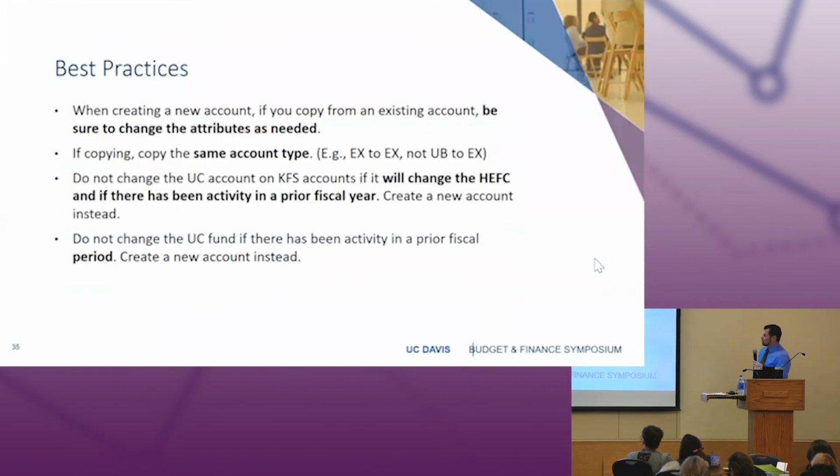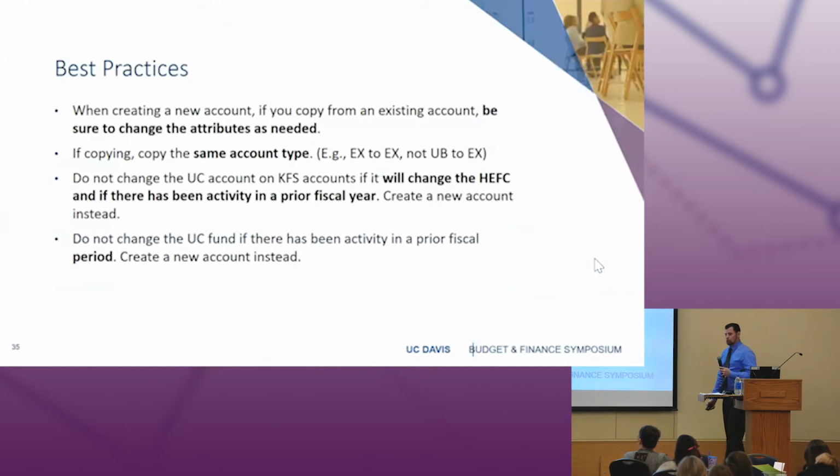Okay, so best practices. When you're creating a new account, some people will create them from scratch, and other people will say, hey, I've got an account, I'm just going to copy it. That's all fine, as long as you change the pieces underneath that need to be changed. If you're going to be copying an account, it's better to copy one that already has a lot of the attributes you're looking for.